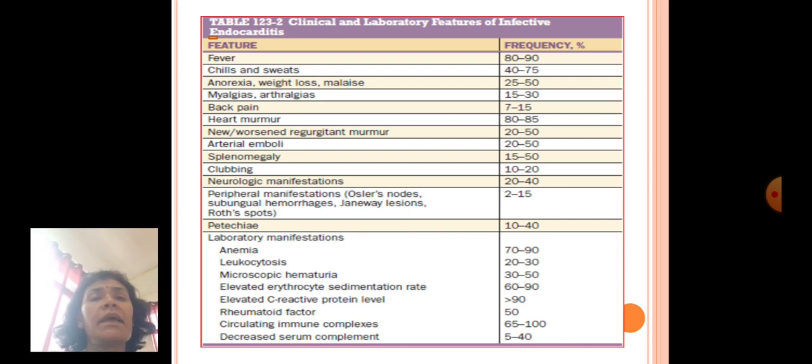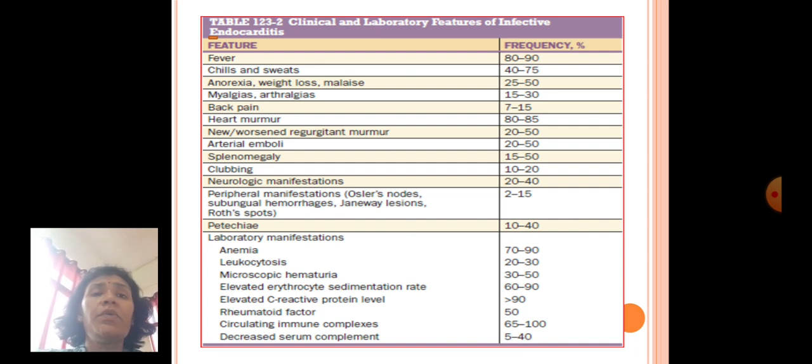Constitutional symptoms like anorexia, weight loss, malaise can be present in 25 to 50% of patients. 15 to 30% have myalgias, arthralgias, back pain. Heart murmur is present in about 80 to 85% of patients, and a new murmur or change in murmur or worsening of the murmur, especially the regurgitant murmur, is seen in 20 to 50% of the patients.